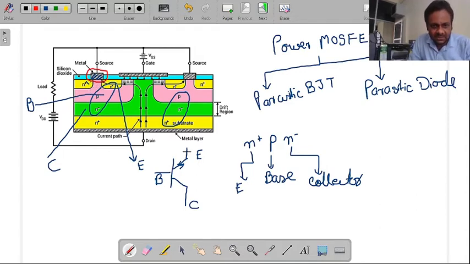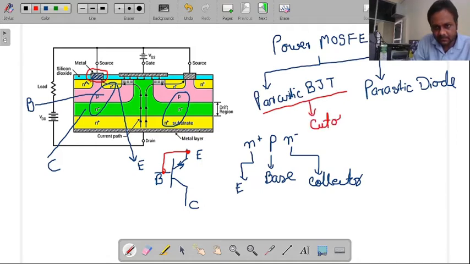That means this emitter and base are short circuited here, so both of these terminals are at the same potential. So this parasitic BJT is in the cutoff region. Always it is in the cutoff region.